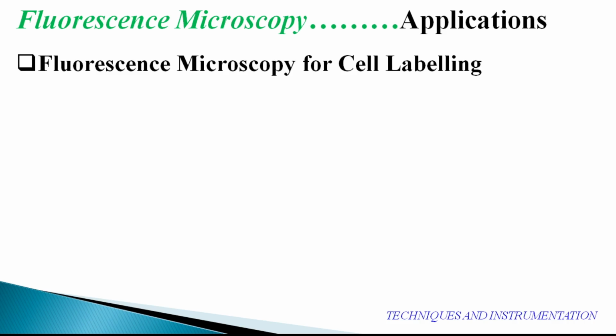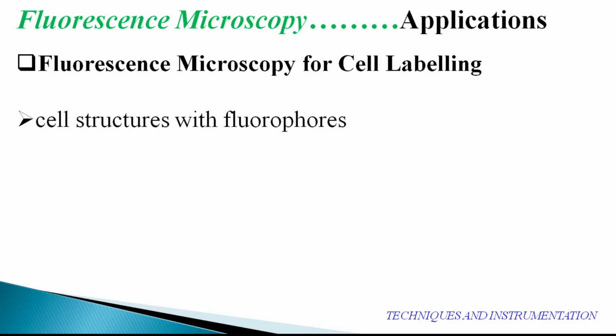So labeling of cell structure with a fluorophore, or you simply call it a dye, especially a fluorescent dye, drastically increases the observable property of biological or chemical structures due to the nature of fluorescence itself.